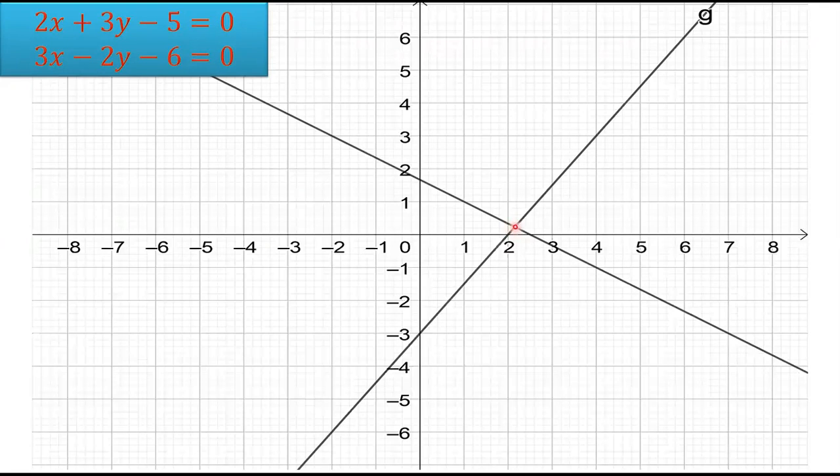This is the common point for both the lines. So it is a solution for the pair of linear equations. The point of intersection of two lines is the solution of the pair of linear equations. So in the first case, lines are intersecting at one point. So it has one solution.